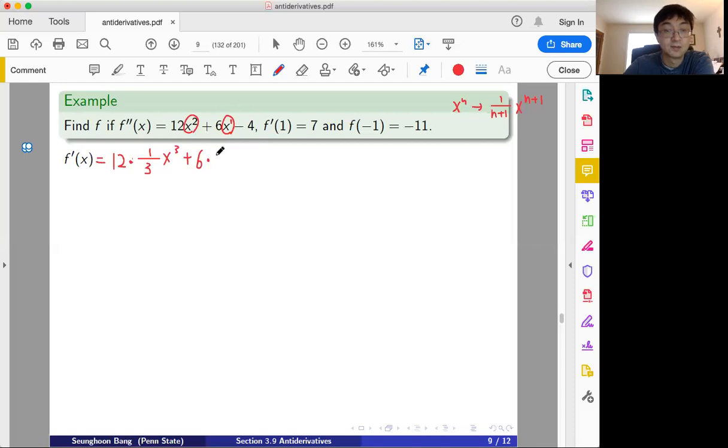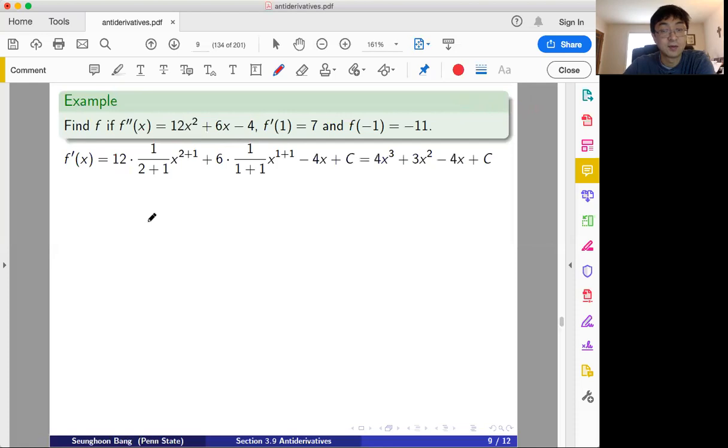This one is 1 over 2 x squared. What is the antiderivative of minus 4? Minus 4x plus c. And simplify.